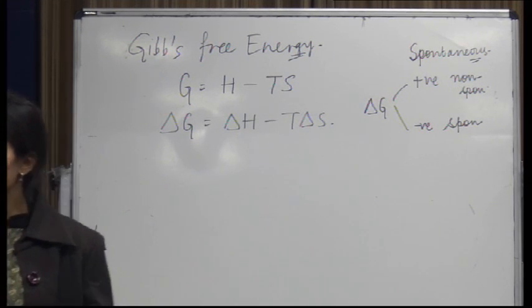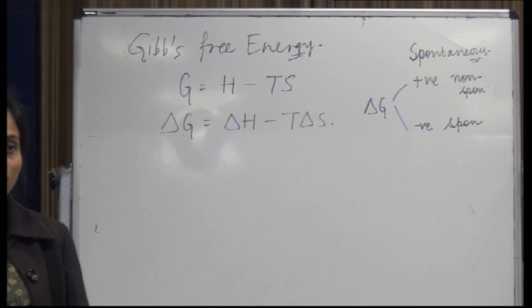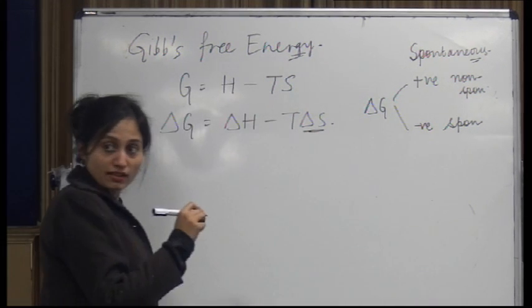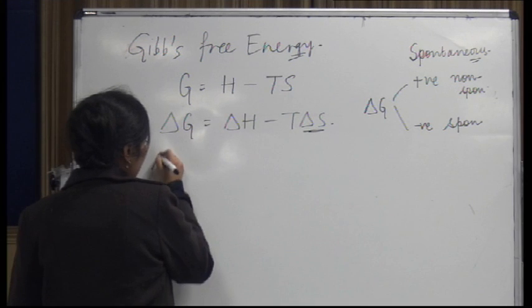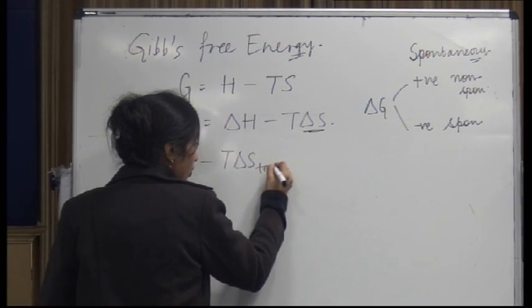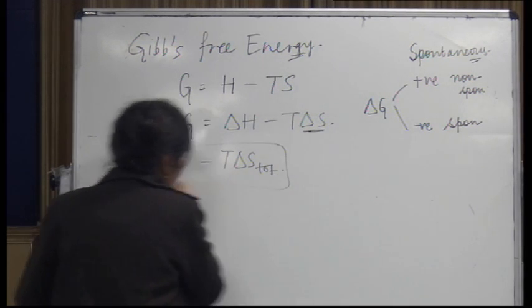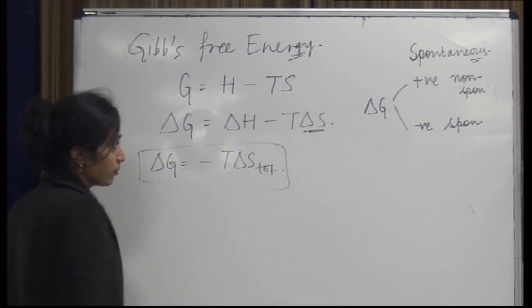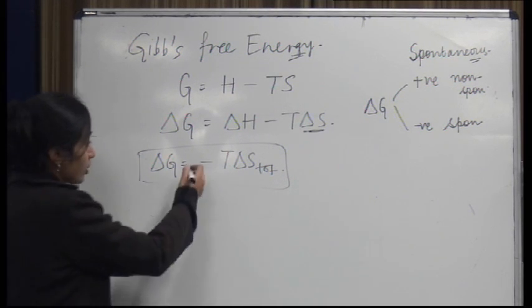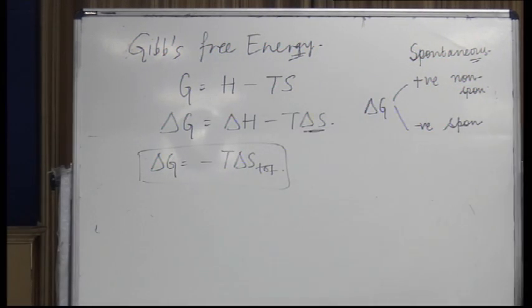What is your surrounding? The entire universe is your surroundings. So यहाँ पे हम सिर्फ system की बात करते हैं. But when you talk about delta G, that is equal to minus T delta S total. ये भी याद रखना. If I replace this delta S system with delta S total, then this is equal to minus T delta S total.